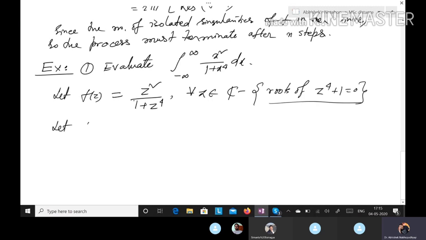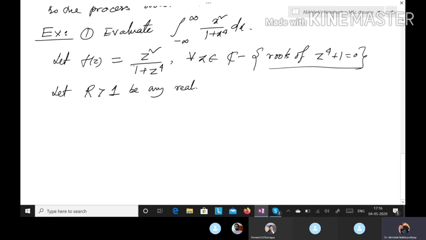So let us have a real R which is greater than 1. And then let gamma be the closed path consisting of. So let us draw the picture of this path.